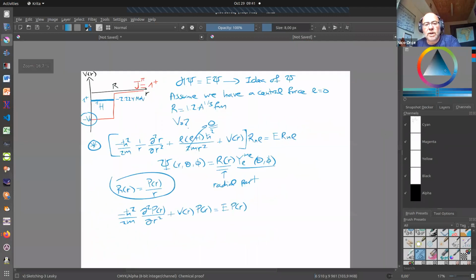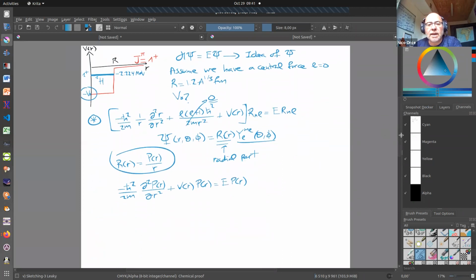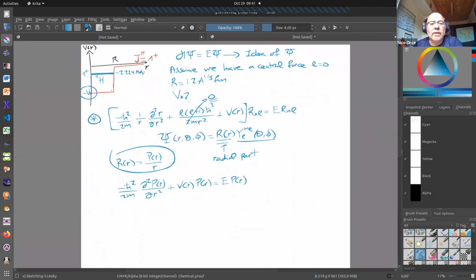Make this a little bit smaller so we see everything clearly here. We're going to have two conditions, one and two. In condition 1, we know that for R less than or equal to R, the function V(R) is equal to minus V naught, right?